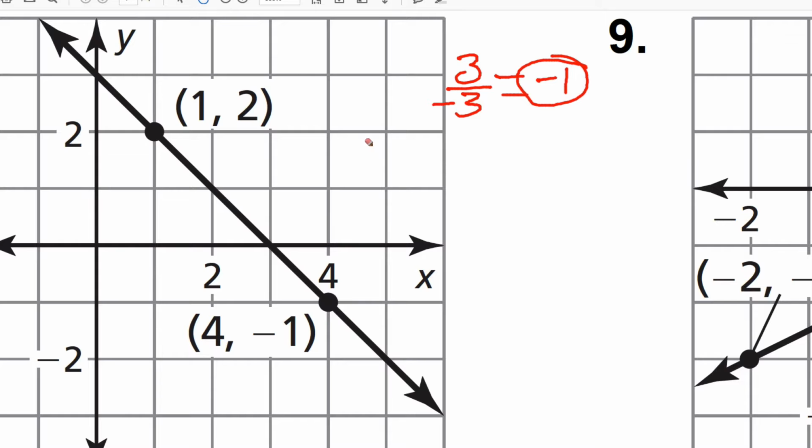I do have the ability to say, okay, I have y here, and I have y here. So what's negative 1 minus 2? That'd be negative 3 over what's 4 minus 1? That would be 3, and that would give me negative 1.